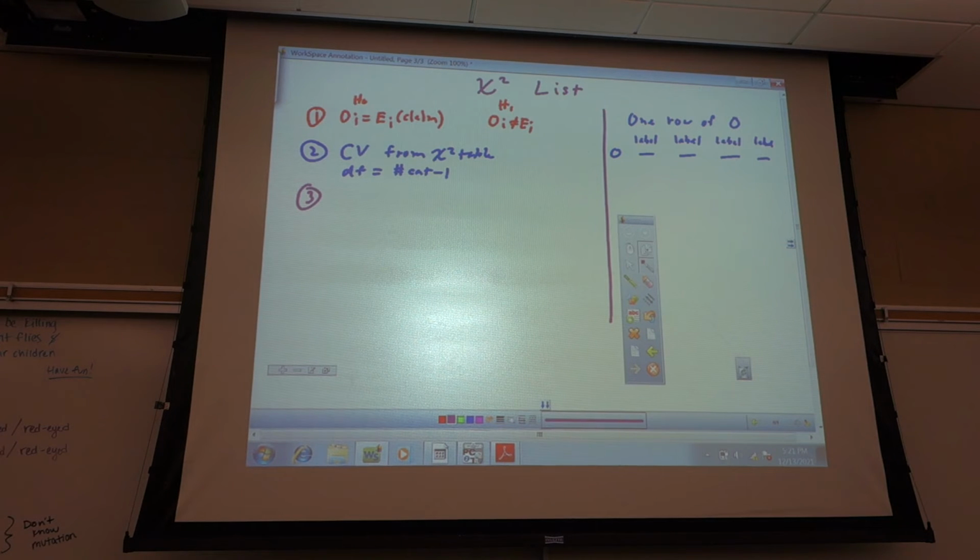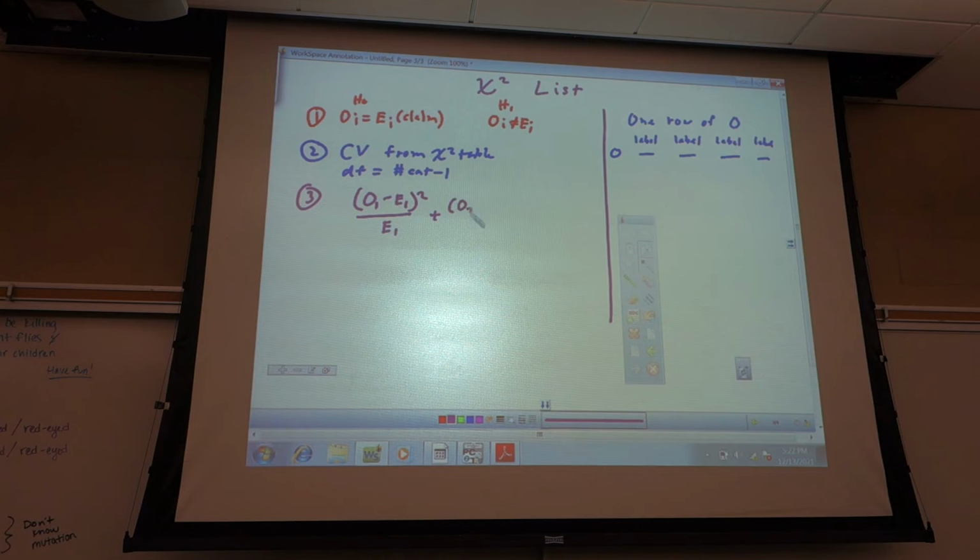Oh, step 3. All right, so there's a couple things. So what's step 3? How do I find my step 3? Drew? Yeah, so you do the observed value minus the expected value and then squared divided by the expected value. Do it for the first category.